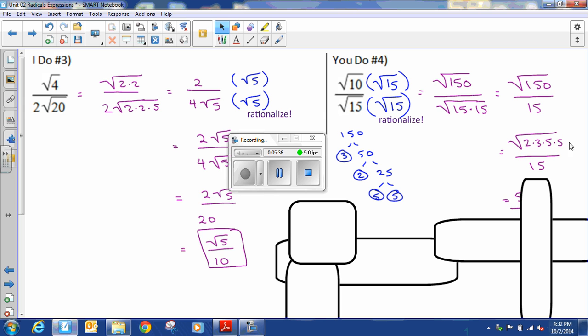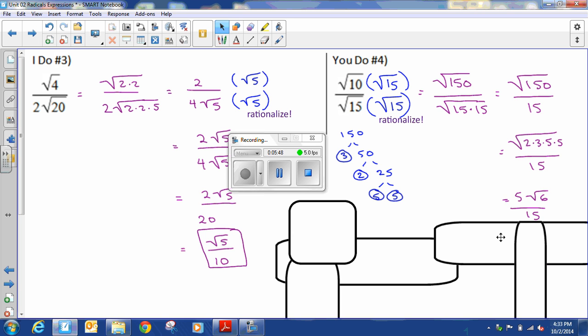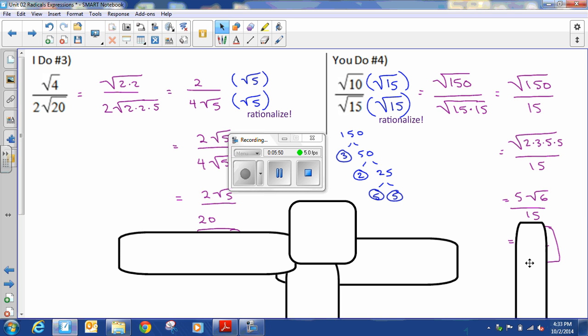And we see that we can extract a 5 out, because 5 times 5 is 25, and the square root of 25 is 5. So now we have 5 radical 6 over 15. The very last step is to simplify 5 over 15, which is 1/3. This will be expressed as radical 6 over 3.